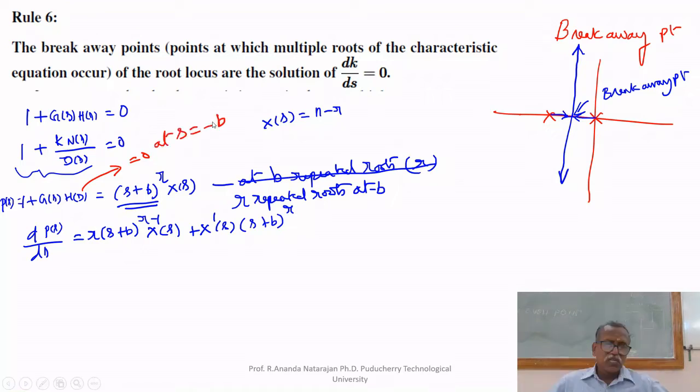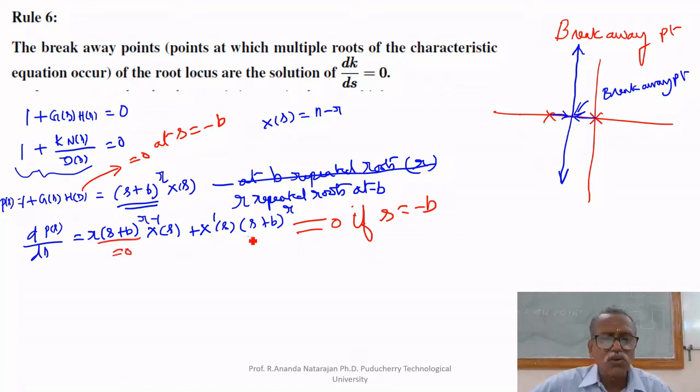You check dP by ds, that is also equal to 0 at s equal to minus b. If you substitute s equal to minus b, both terms become 0, so the entire expression becomes 0. So if the characteristic polynomial is 0 for minus b, its derivative is also 0 for minus b. That's why we can find the derivative of the characteristic polynomial and equate it to 0 to find the repeated roots.